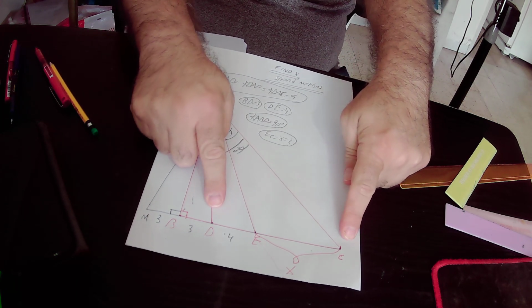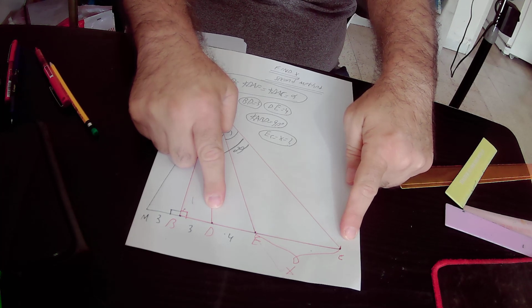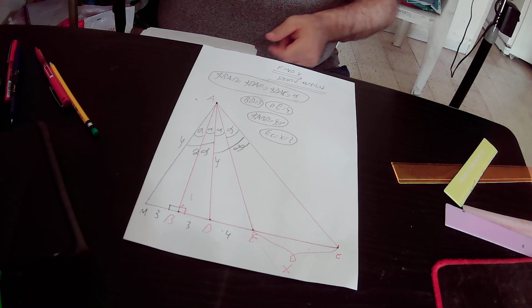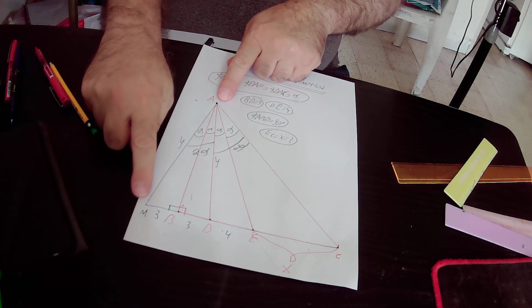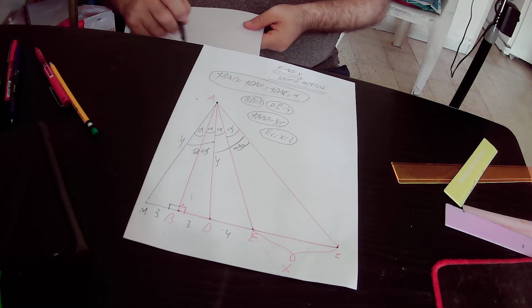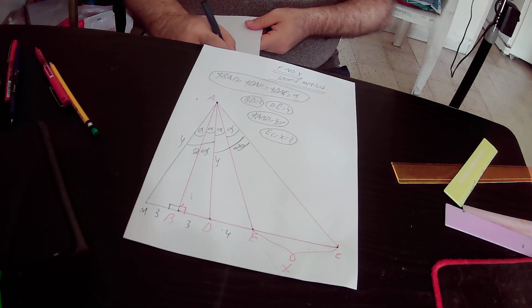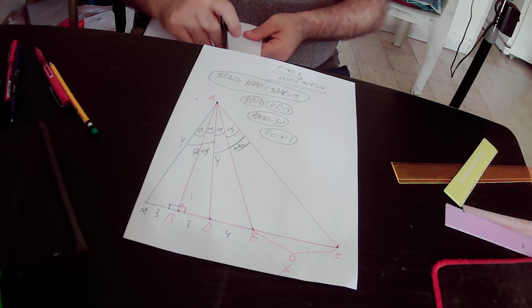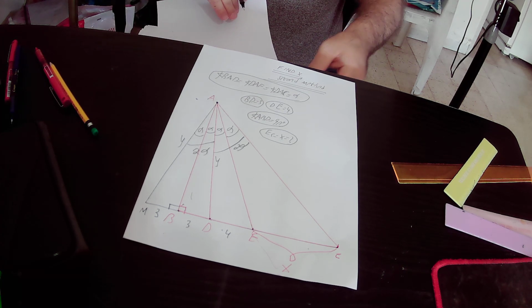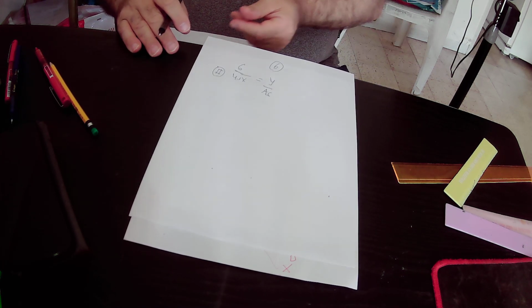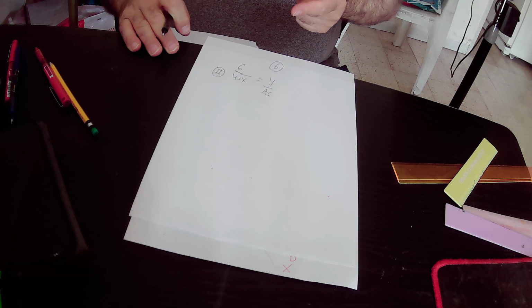DC equals 4 plus X. All equals AM over AC. What is the value of AM? AM equals Y, according to our definition. So we got equation number 2, that 6 over 4 plus X equals Y over AC.